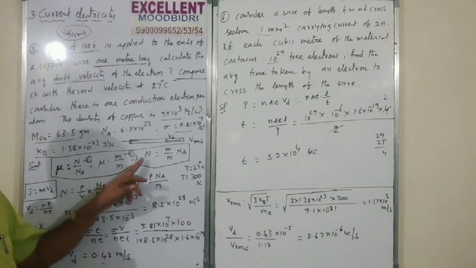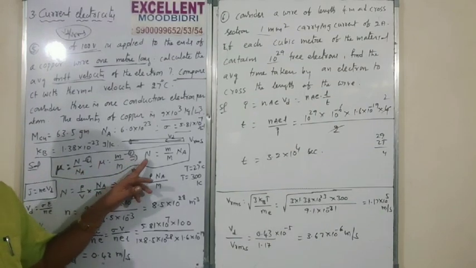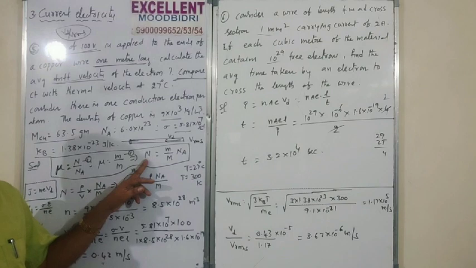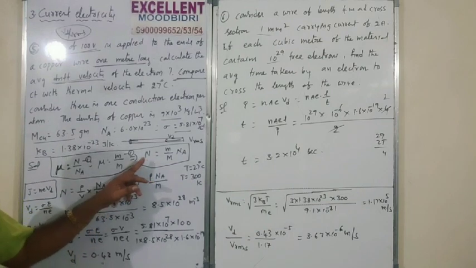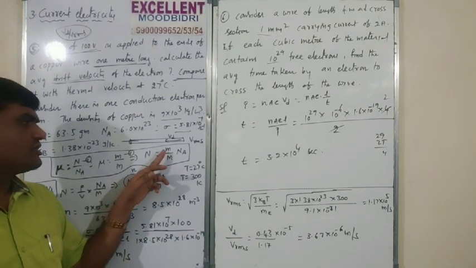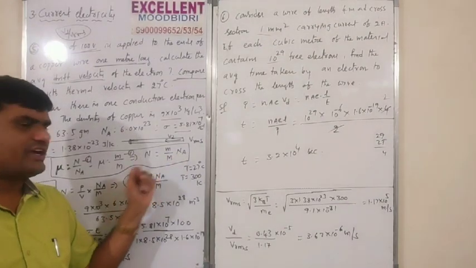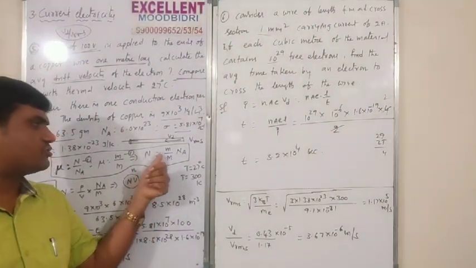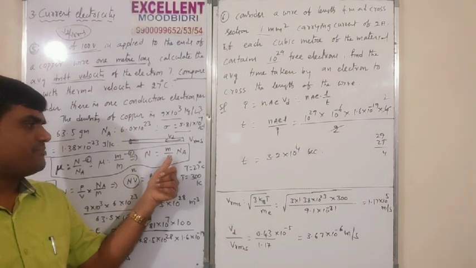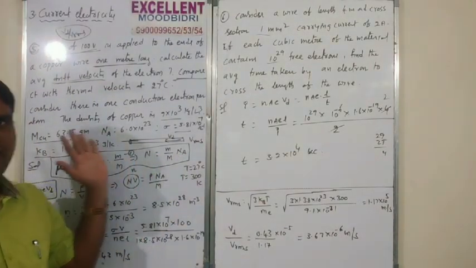Therefore, I want N, the number of molecules, that means number of electrons. So N is equal to m by capital M into Na. This formula I want.